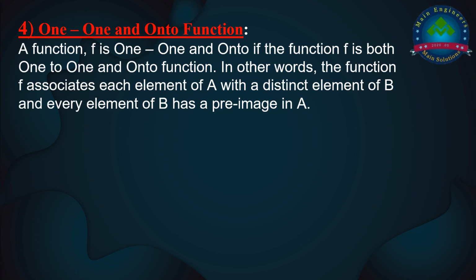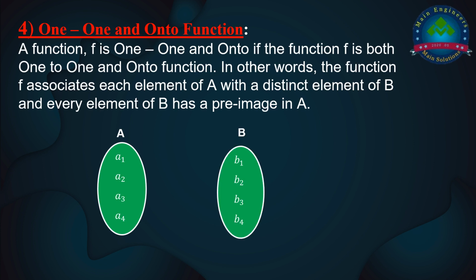So as we say, if the function satisfies two conditions, one-to-one and onto, then those type is called one-to-one and onto function. Let's give the example. Let's consider set A with the elements A1, A2, A3, A4, B with the elements B1, B2, B3, B4, and A1 is mapping with B2, A2 is mapping with B1, A3 is mapping with B4, and A4 is mapping with B3. So as we see, the first condition is one-to-one.